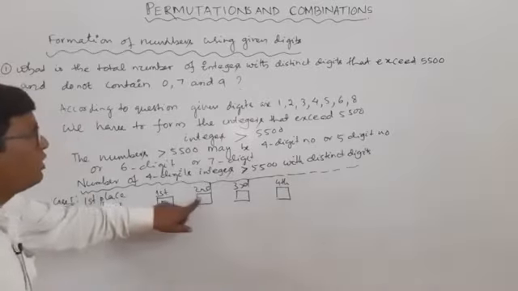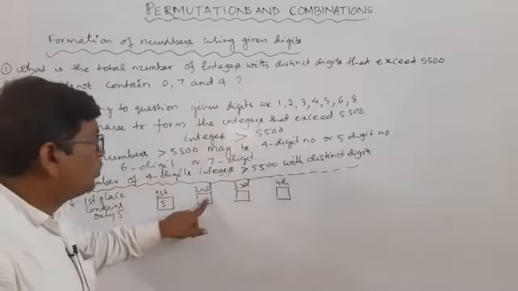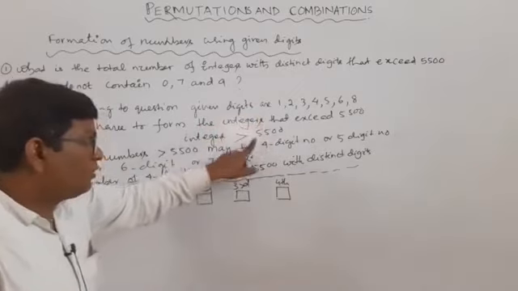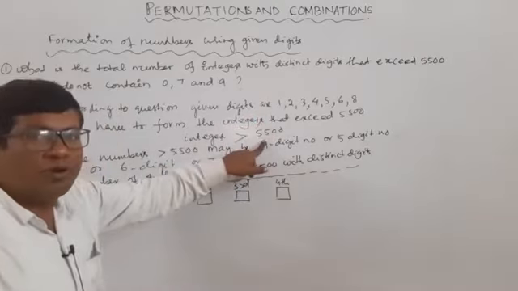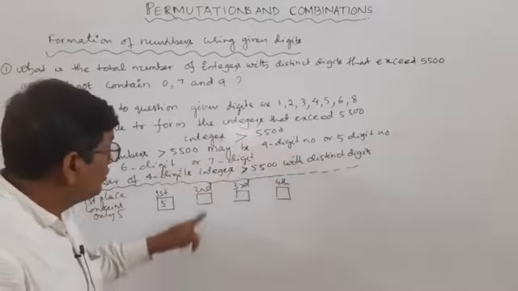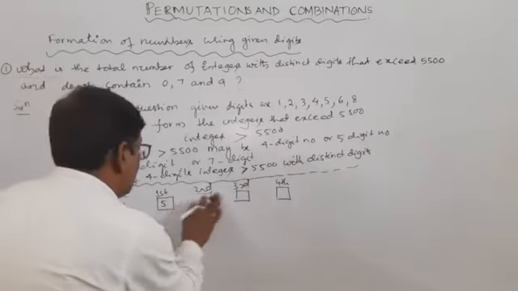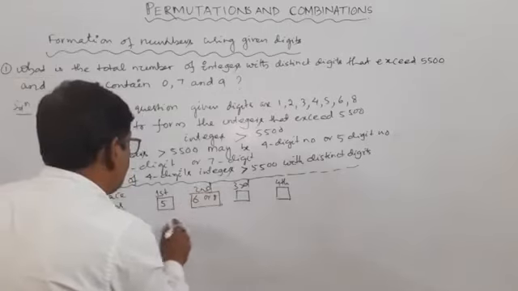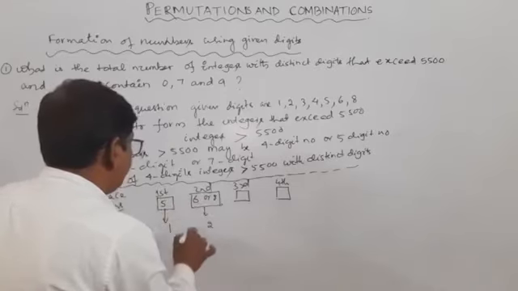The second place cannot be 1, 2, 3 or 4, because the number must be greater than 5500. 5 cannot be written because repetition is not allowed, so 6 or 8. There are 2 options for the second place, either 6 or 8. The first is fixed, so one way, and this is two ways.